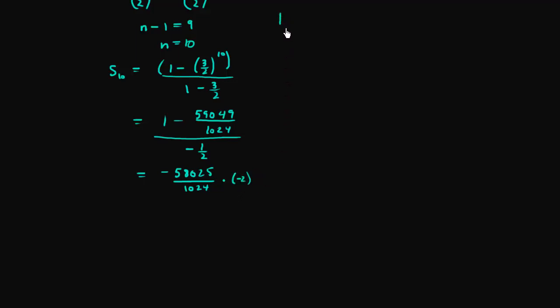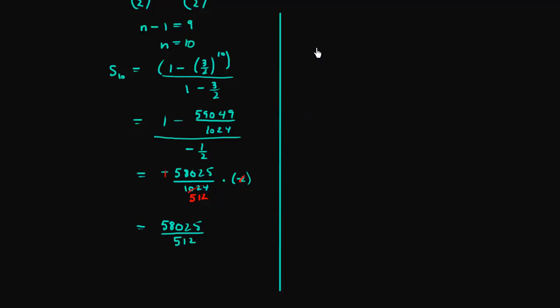We can do some dividing out here, because 1,024 is divisible by 2. So we have that this is going to be 512. This will just be 1. And since I'm multiplying a negative times a negative, this becomes positive. So what I'm left with is that this is equal to 58,025 over 512.